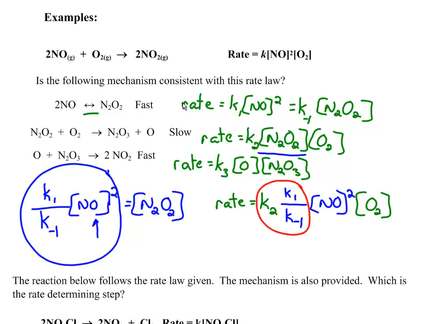So I can multiply them together to get a new constant, and then I get the rate equals some new constant k times the concentration of NO squared times the concentration of O2. By substituting and combining the rate laws of elementary step number 1 and elementary step number 2, I get the rate law for the overall reaction. What this tells me then is that this mechanism does agree with the overall reaction.